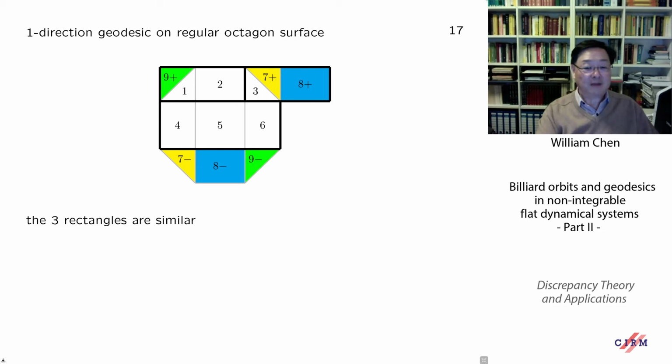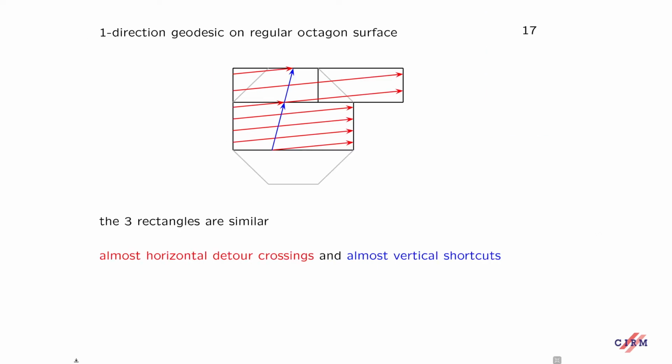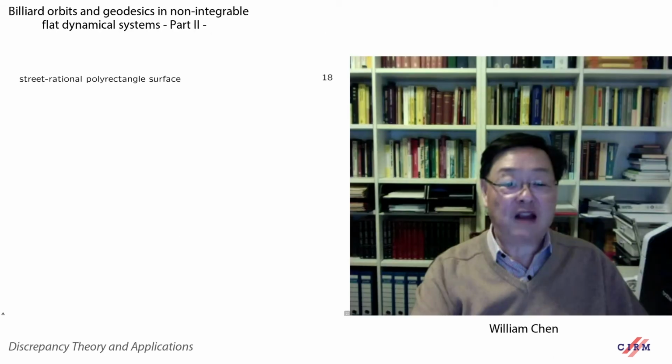And it doesn't take much to realize that the 3 rectangles are similar. We can look at almost horizontal detour crossings, shown in red, and the almost vertical shortcuts. And this is an example of what we call a street rational polyrectangle surface.